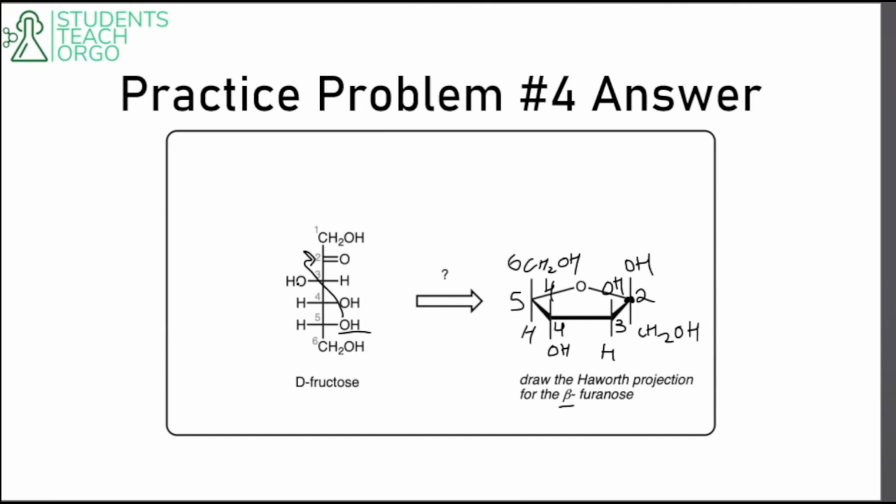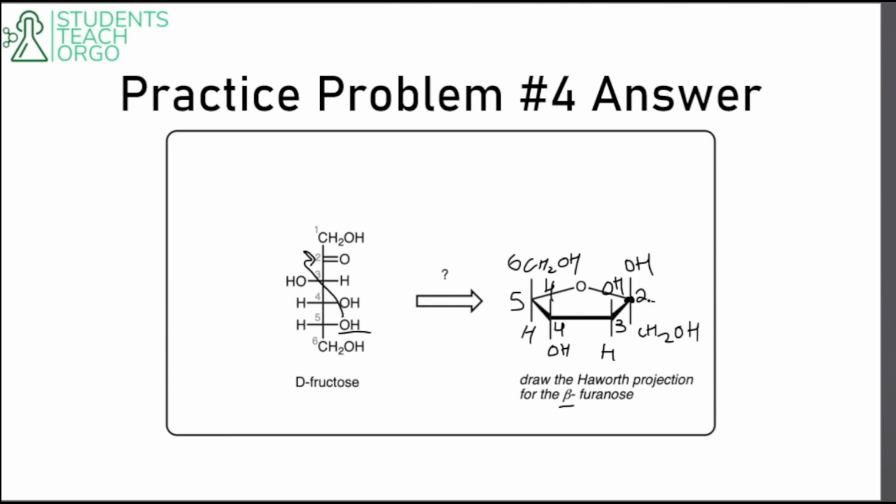First off, you need to recognize that in a ketose, the anomeric carbon is the one that's the carbonyl carbon. It's the same thing. The carbonyl carbon is the anomeric carbon here. That's 2. So we still number from 1 to 6. In this case, we don't number from the most oxidized, but we number just from top to bottom.